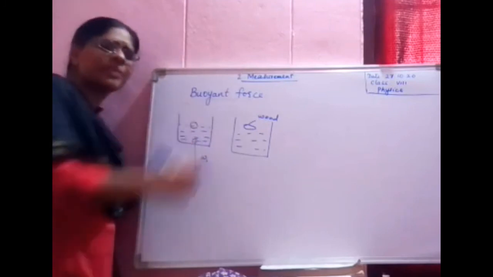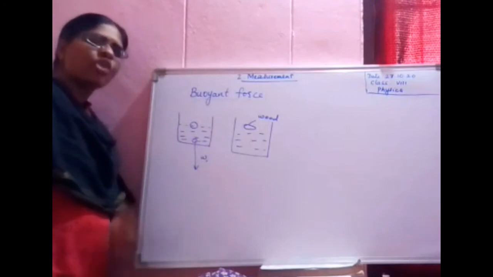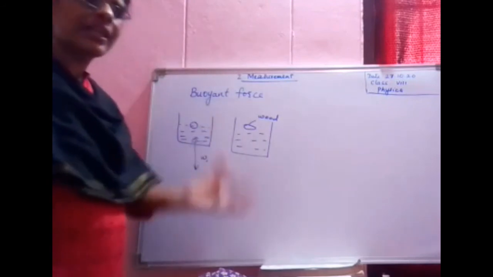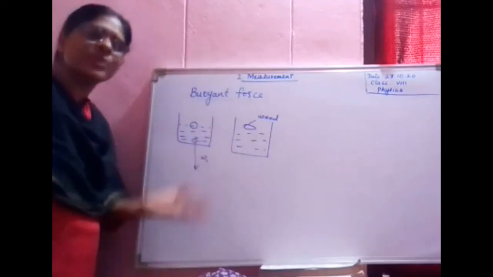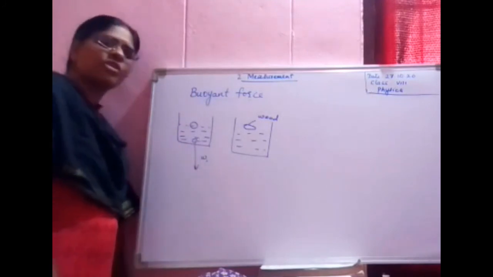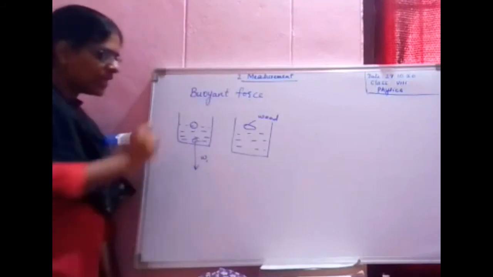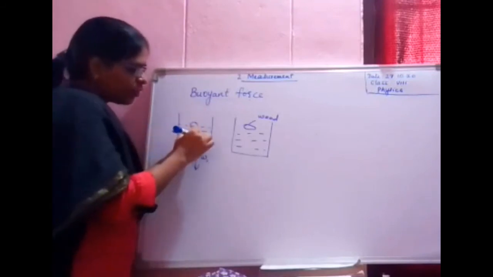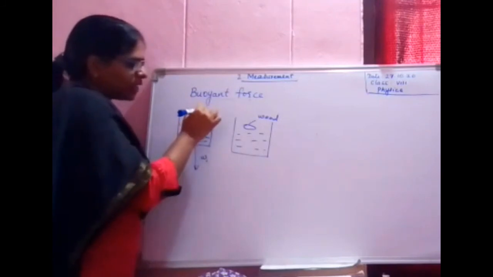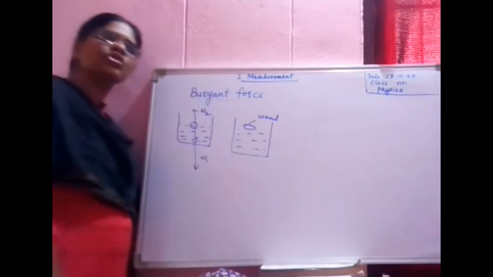There must be a buoyant force. Yes or no? When an object is immersed in a liquid, it experiences an upward force. That upward force is buoyant force. Here, the buoyant force is also acting in the upward direction. Let it be W2.